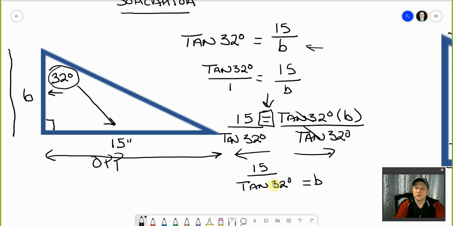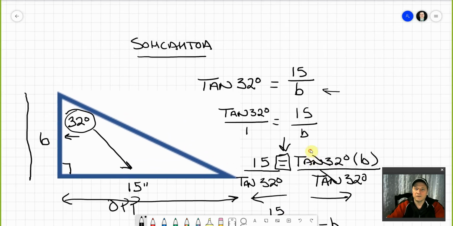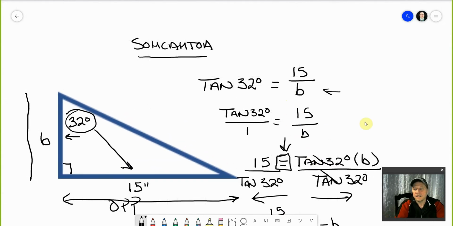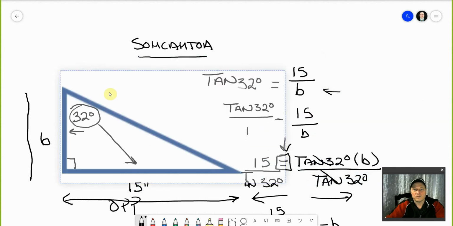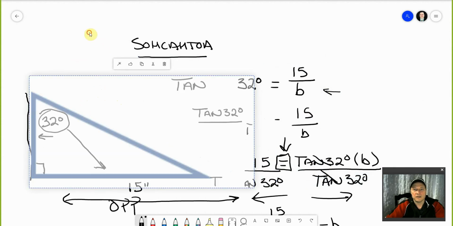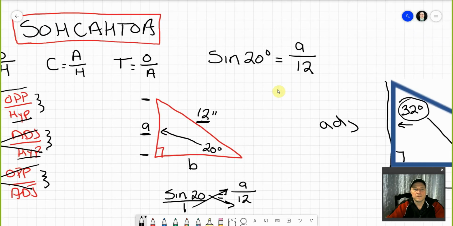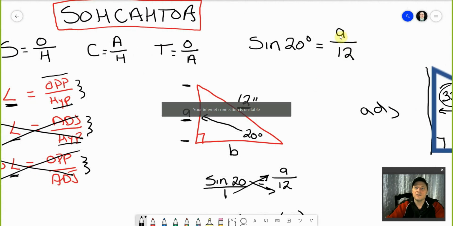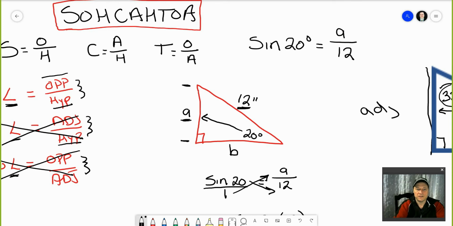So let's go really simple now. Let's go up to the top here. I said to you, if the unknown information is at the top, then you can simply rewrite your equation as sine of whatever the angle is times the denominator, and you will get your answer.